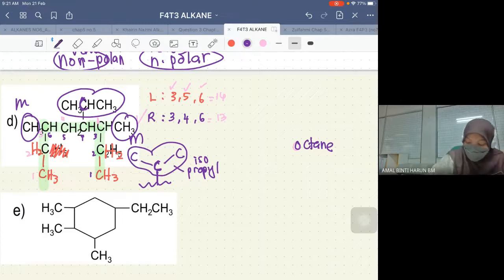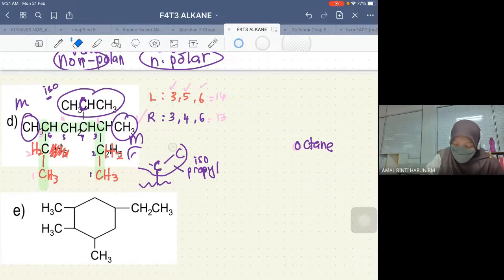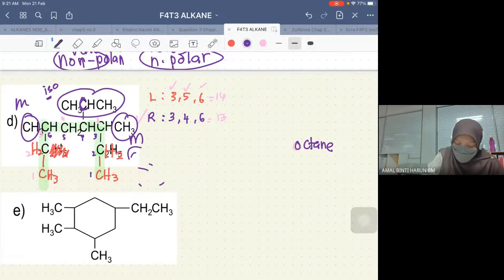Okay, isopropyl. So siapa yang datang dulu? Iso ke I ataupun iso ataupun M? Should be I first. So if I first, I is located at carbon number 1, 2, 3, 4. 4 methyl. Sorry, 4 isopropyl.